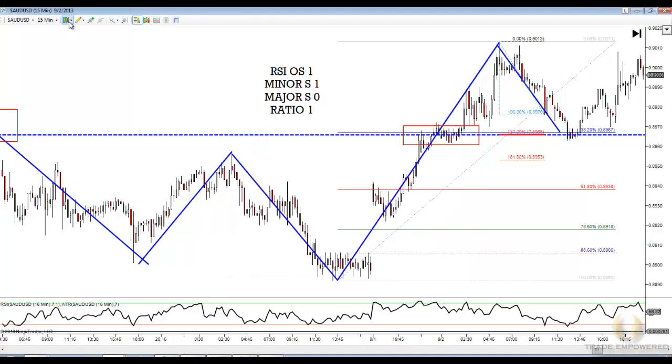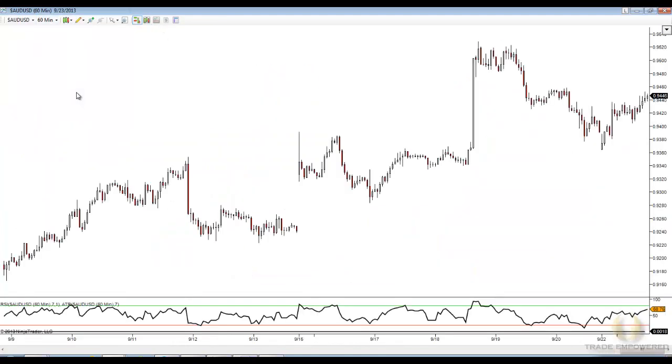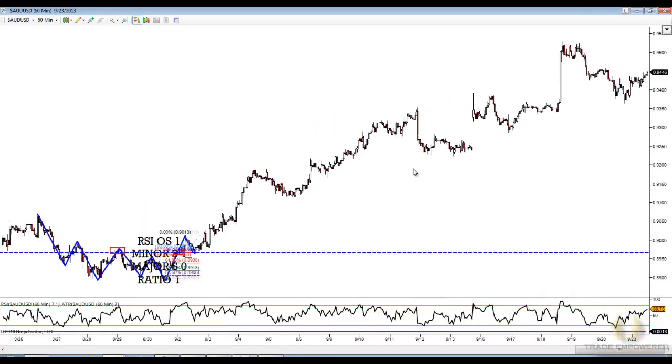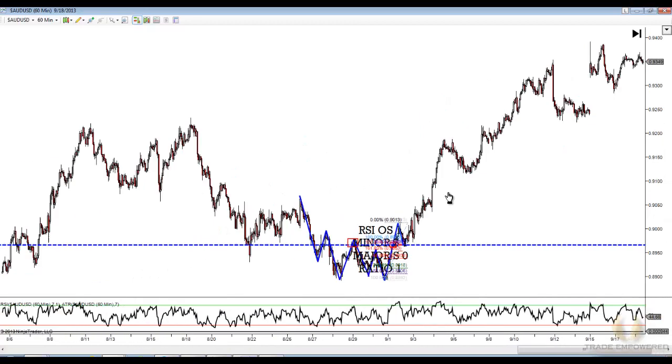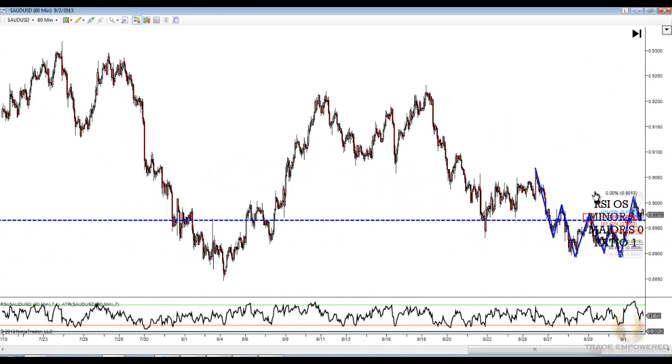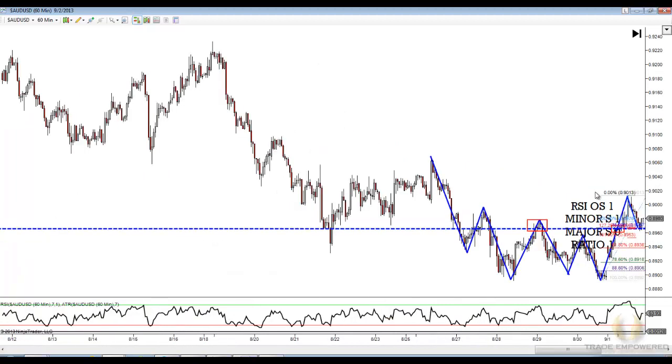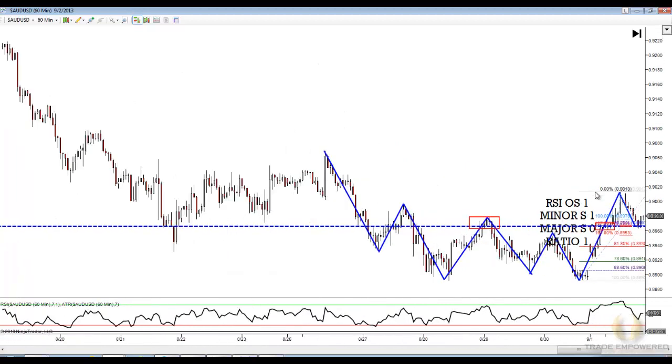Next, higher time frame confirmation. Let's go back out to our 60-minute chart. We're looking for a bullish entry. Are we in a bullish trend? Well, at the moment, I would say yes, because we just broke past our key structure level here, and we're looking to retrace back into structure.